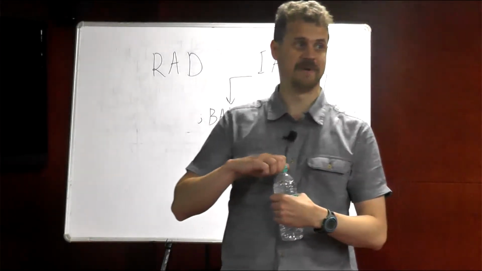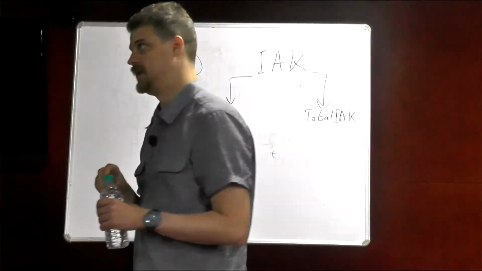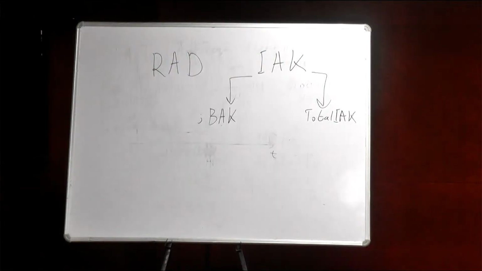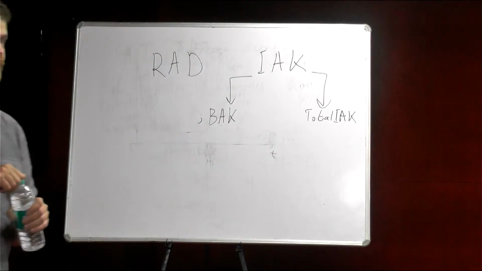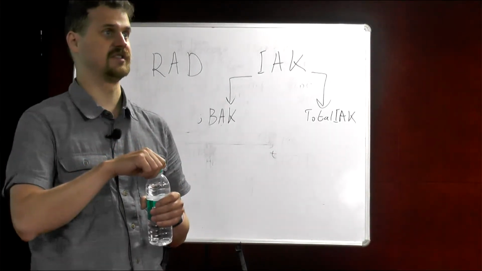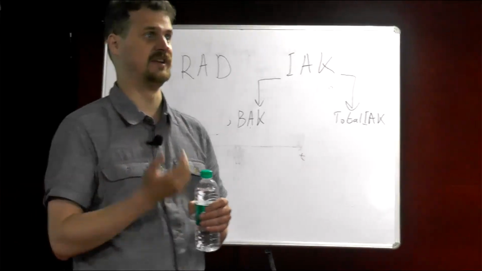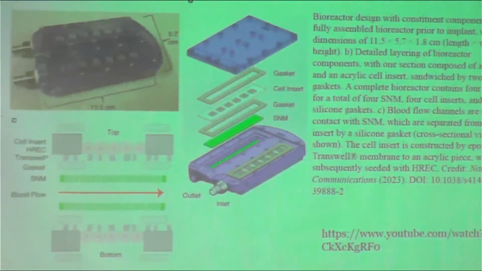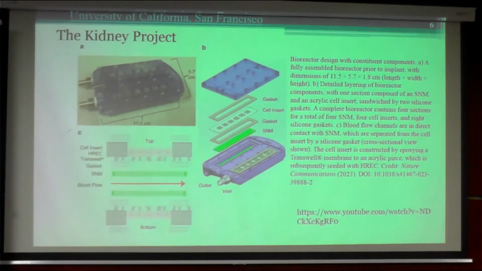So it's basically an attempt to avoid the usage of any artificial dialysis buffer solution to purify blood. So basically, the core concern here was an attempt to imitate the nephron as the structural unit of the kidney.